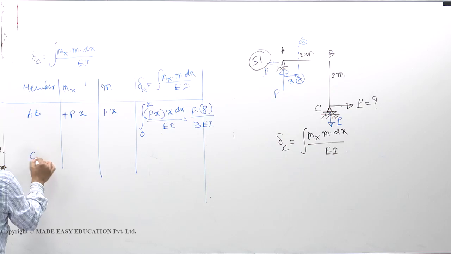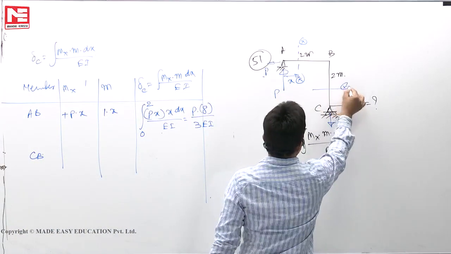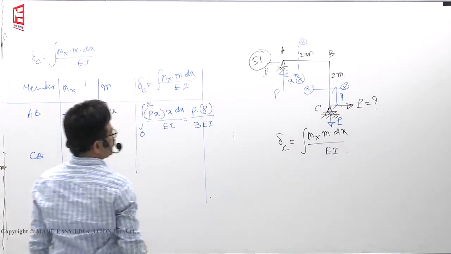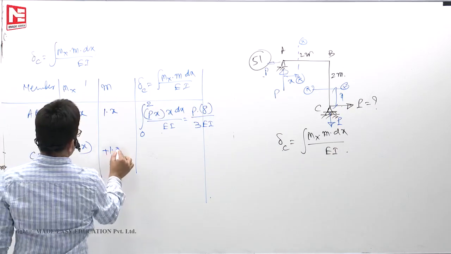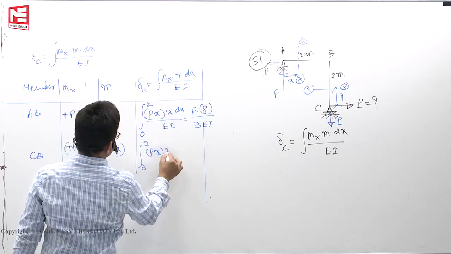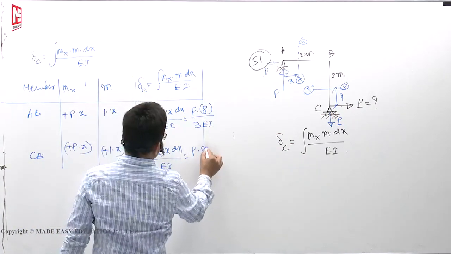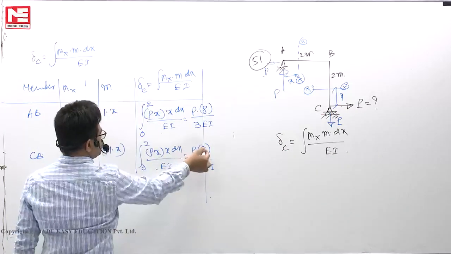Then CB member. Take a section here at a distance of x. So plus P into x again, so plus 1 into x again. 0 to 2, same term. So P into 8 by 3EI, x cube by 3 means 2 cube by 3.